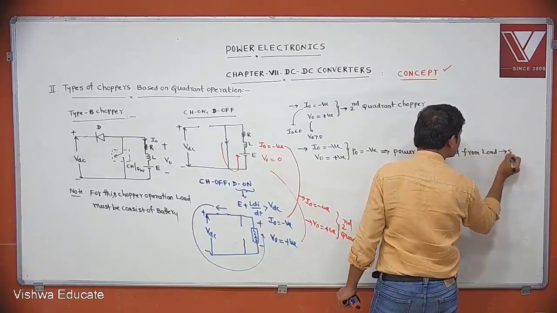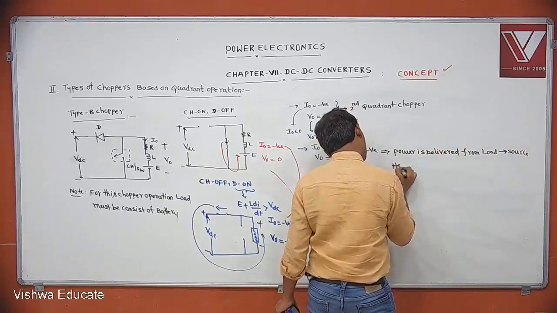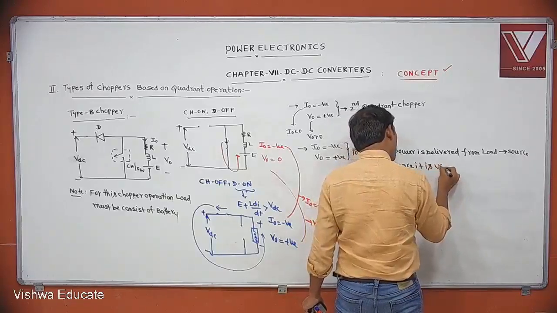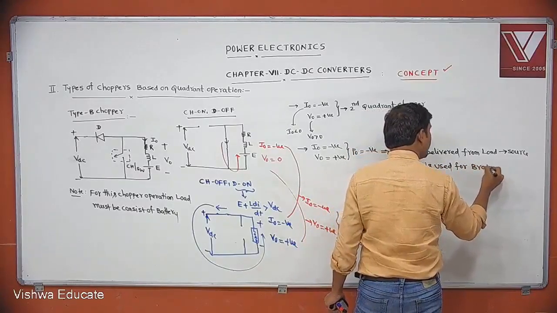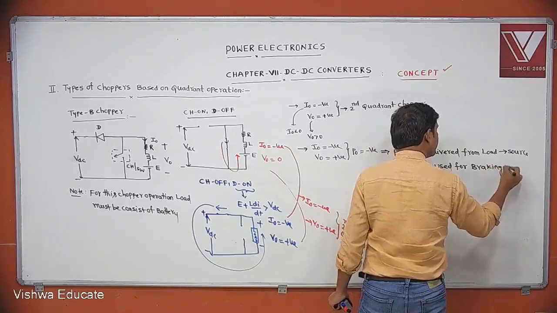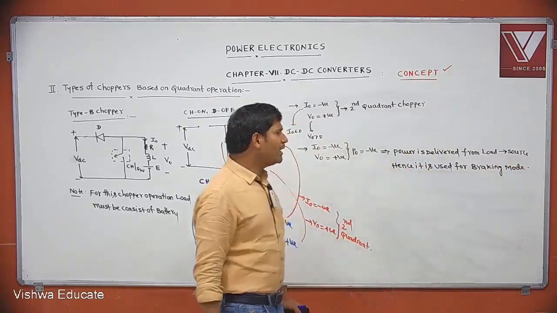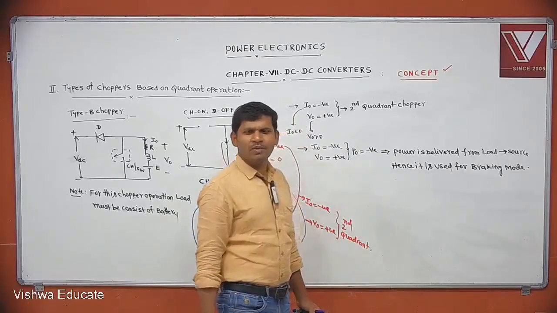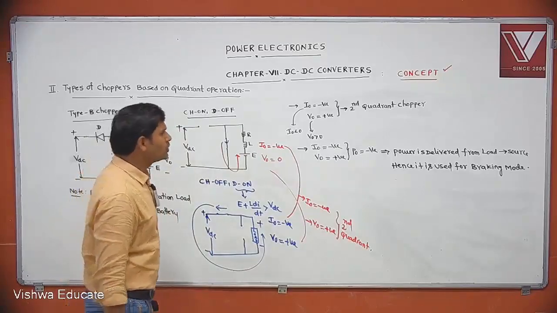Hence it is used for braking mode. To operate the motor in braking mode, we can use type B chopper because power is delivered from load to source.